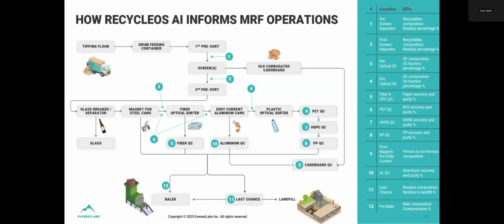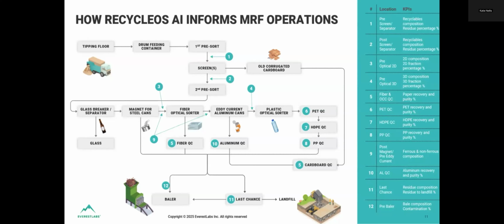And it provides feedback to fine-tune the parameters of your opticals, what it's firing on and what it might need help with. And for any influx of OCC or fiber or containers that are ending up in the wrong stream, using our cameras here, you can identify that and track over time if your screens or separators need maintenance or they're having a failure, things like that.